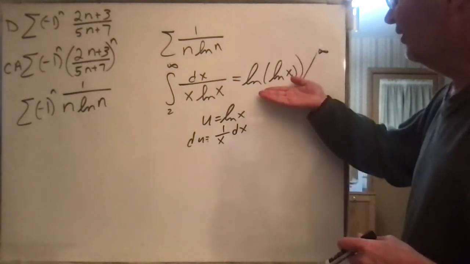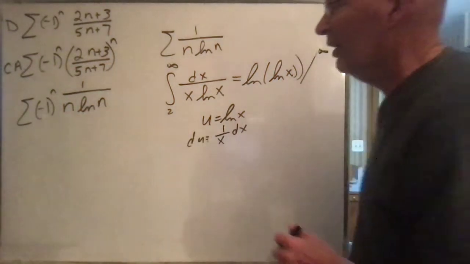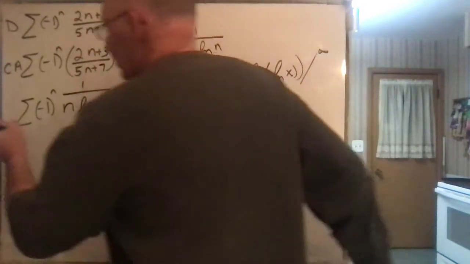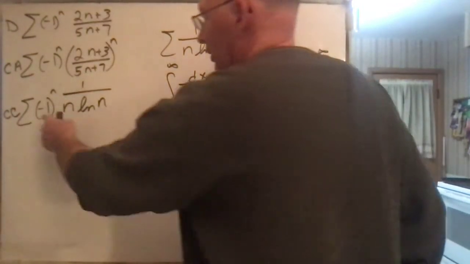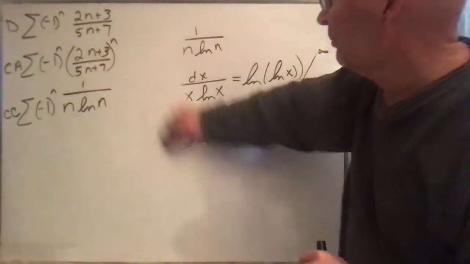So since this integral goes to infinity, this series does too by the integral test. So that means it converges conditionally, right? Because these terms do go to 0, but they don't go to 0 fast enough to make it converge absolutely.